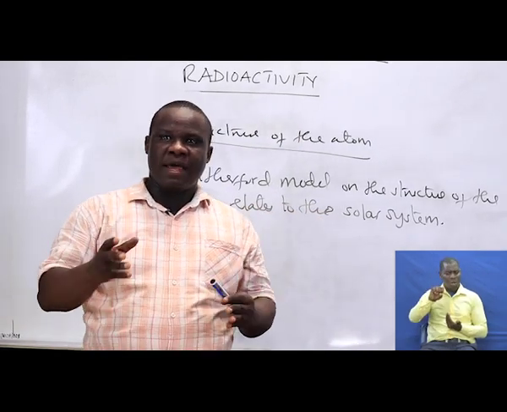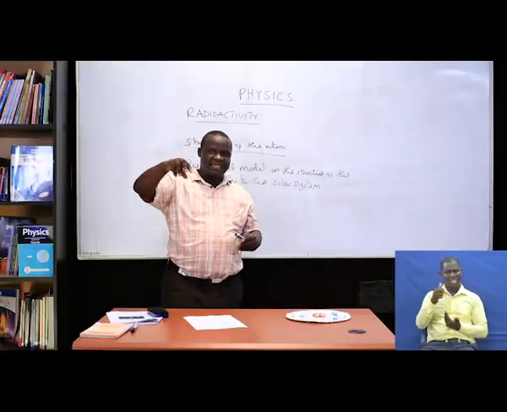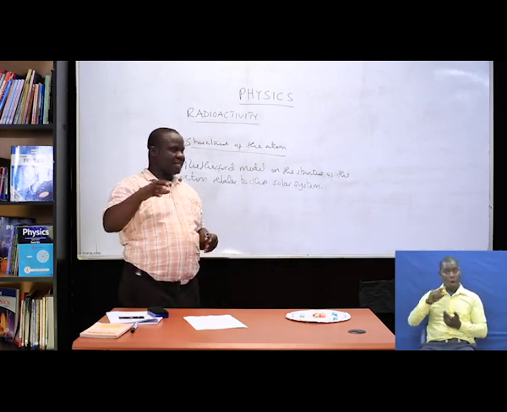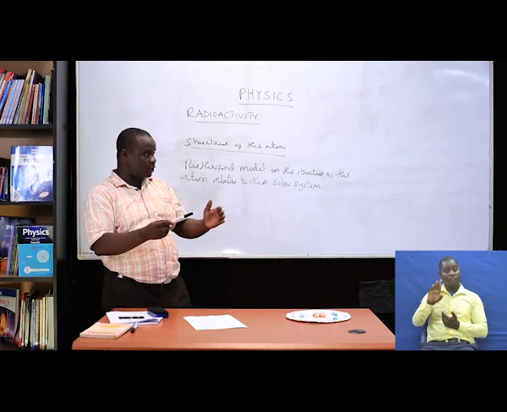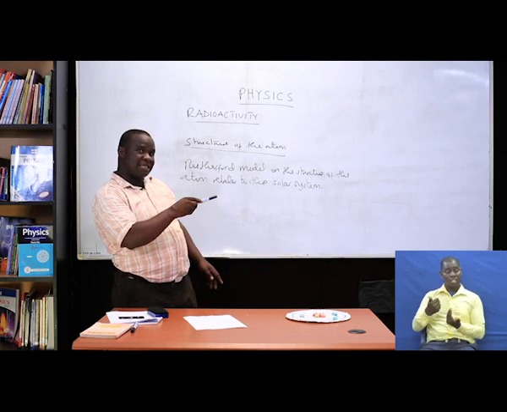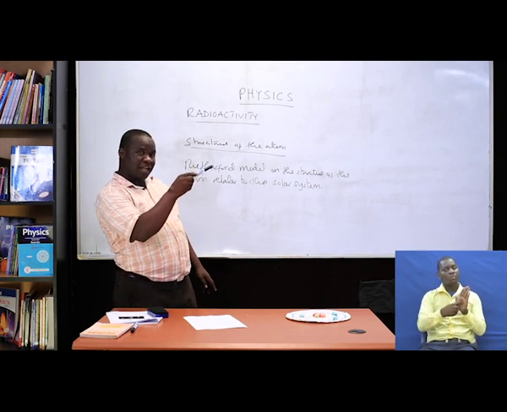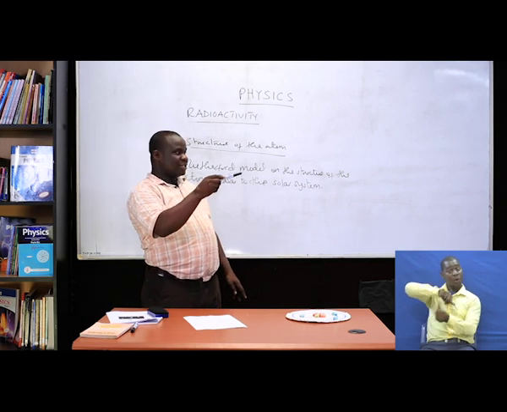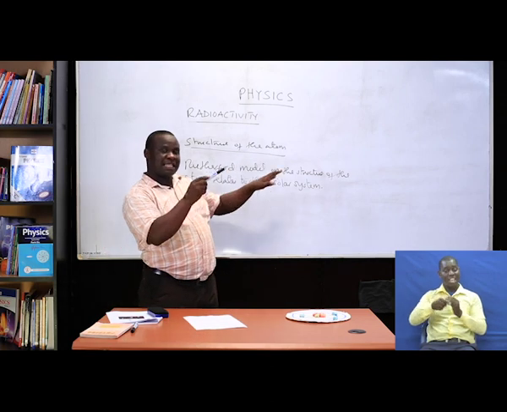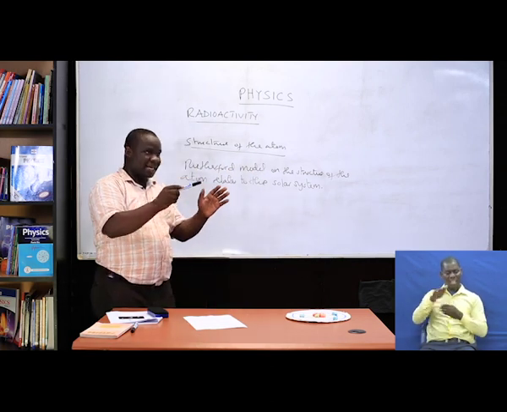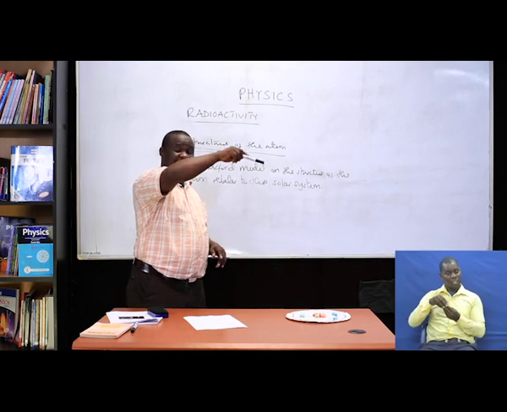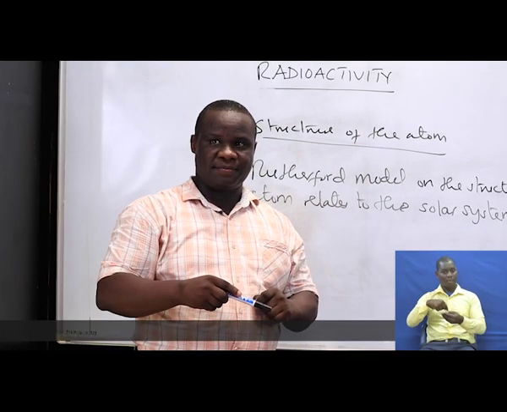The solar system has planets, and its center is the sun. The planets revolve around the sun in orbits. This resembles the structure of an atom in such a way that the nucleus is regarded as the sun, and the electrons which revolve around the nucleus in shells are the planets.